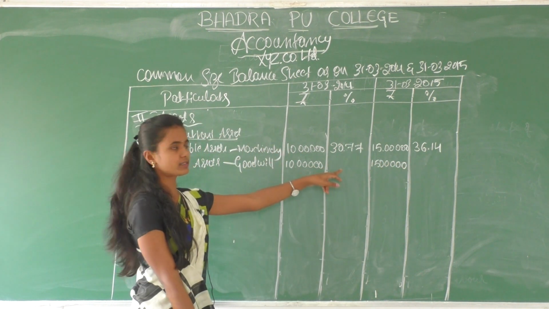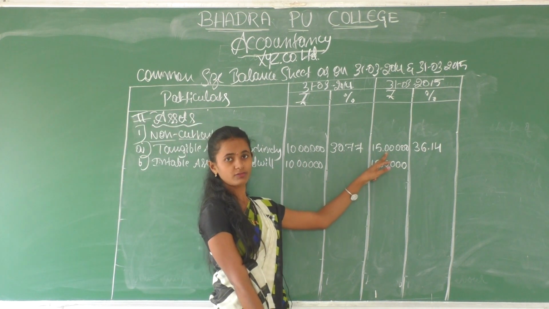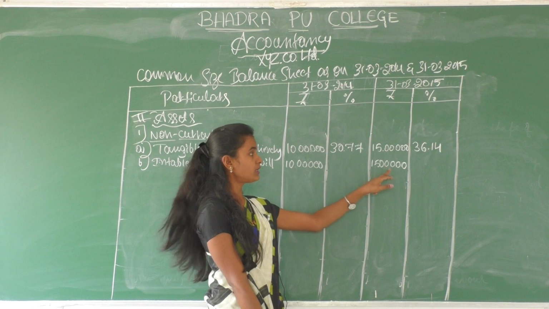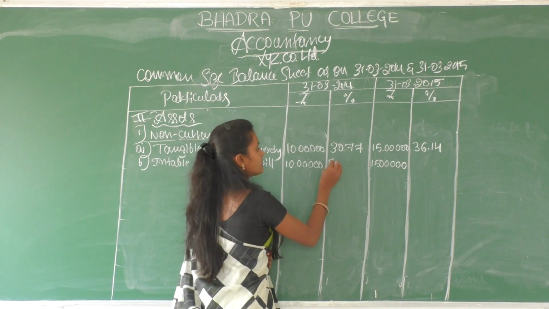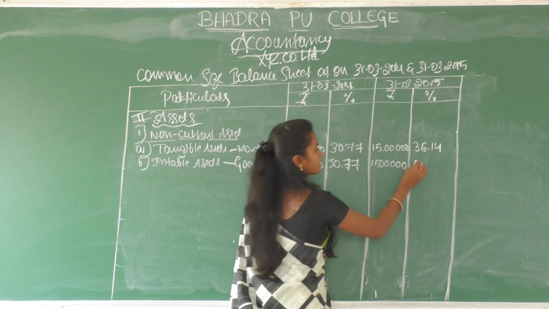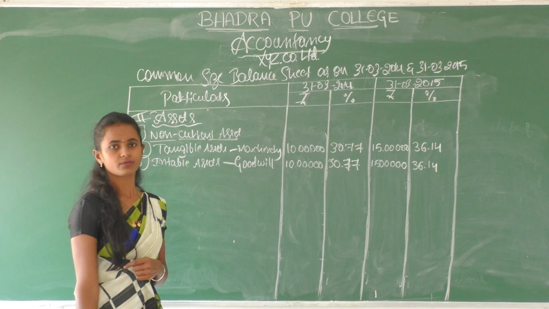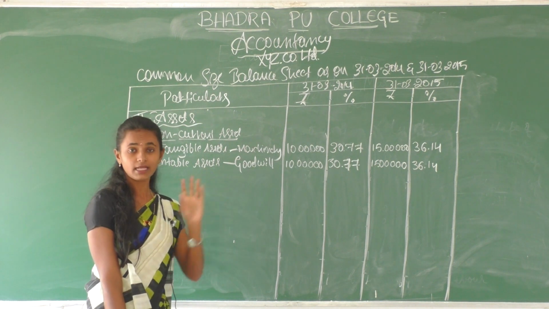So again we will get the same percentage: 30.77, and here 36.14%. Yes, this is regarding intangible asset.